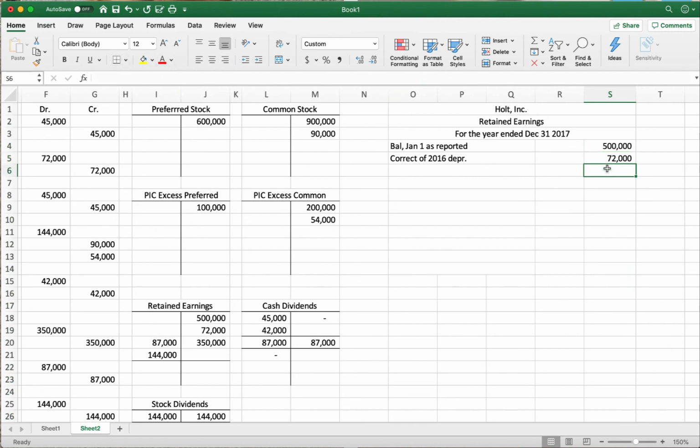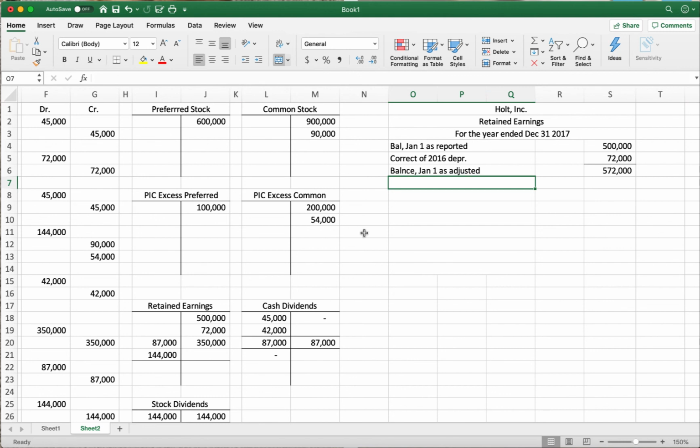So if I add all these up, I get $572,000. Guess what this is? Balance as of January 1 as adjusted. So we're telling our stockholders we made an error in 2016, 2017, we caught our error, we fixed it. Here is the new balance as of January 1st.